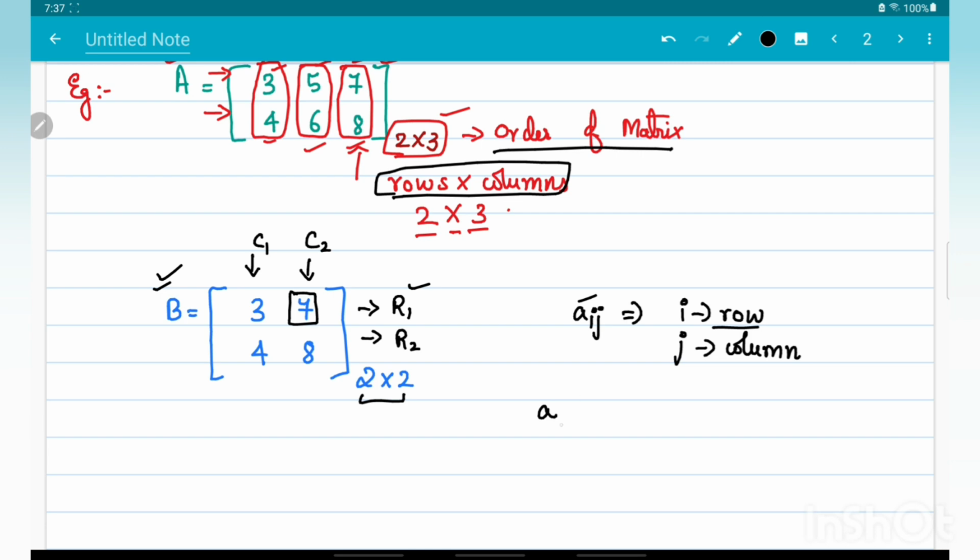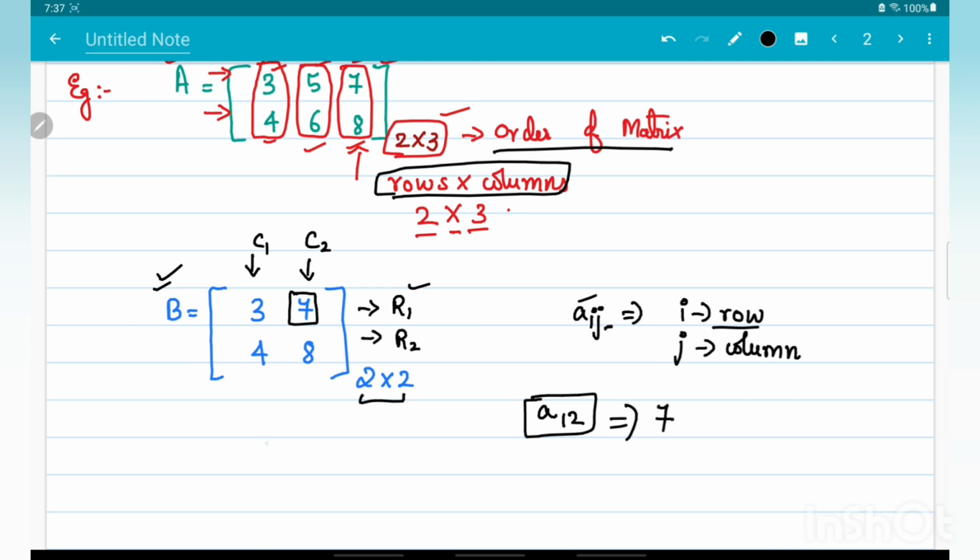So you write it as 1 and then you have to check for the column, that is j. Now if you check for the column, 7 belongs to the second column. So the next thing that you write is 2. So if I suppose write here A12 and if I ask you which is the A12 element, you will check from this matrix and you will write it as 7.